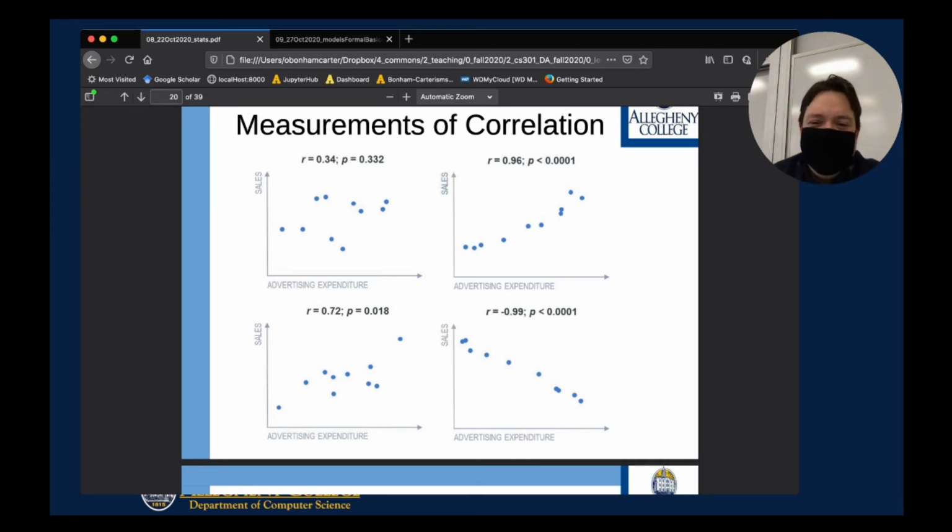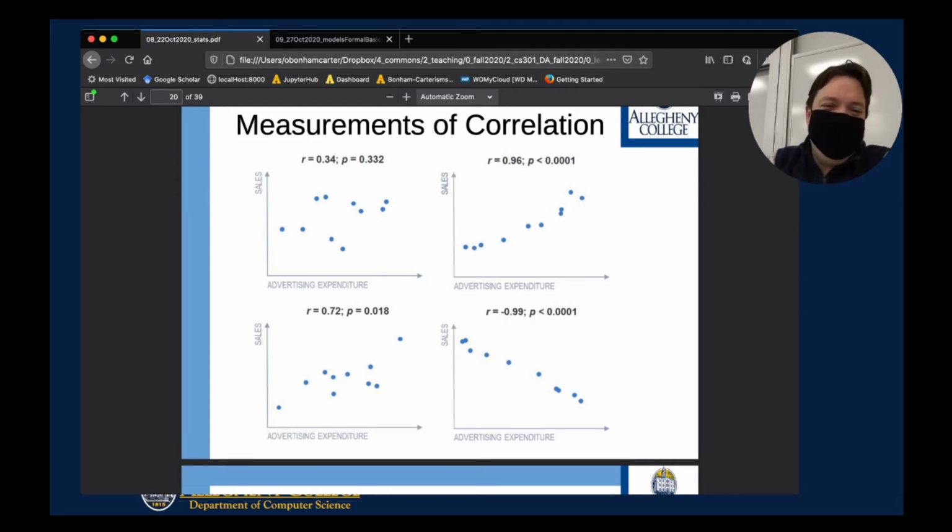So for instance, in the upper right-hand side, where my R is equal to 0.96, we get it that there's a correlation between the X and the Y. As one thing is going up, the Y is also going up. And the value of 0.96 is a score on how those two things are correlated.